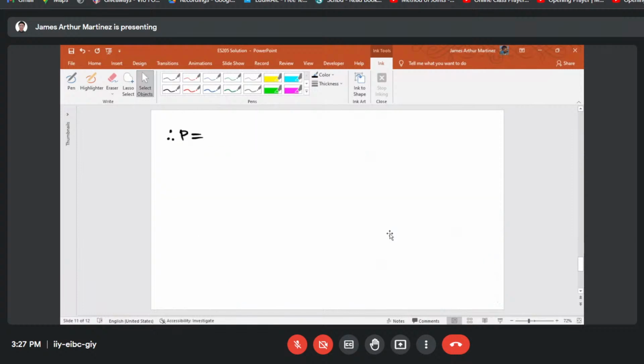So P therefore is equal now to 533.038 newtons.